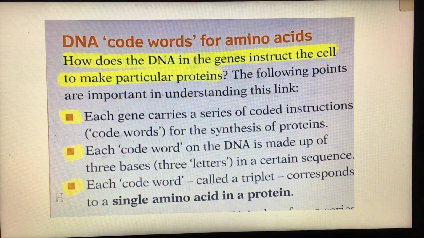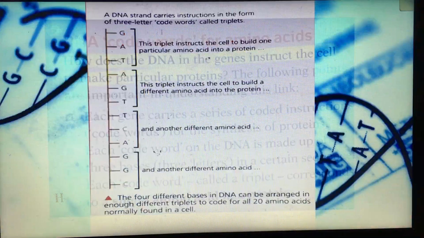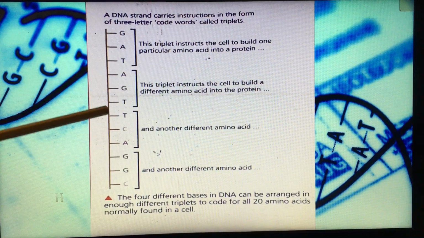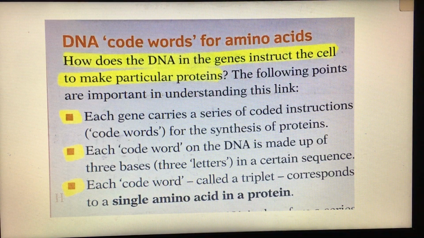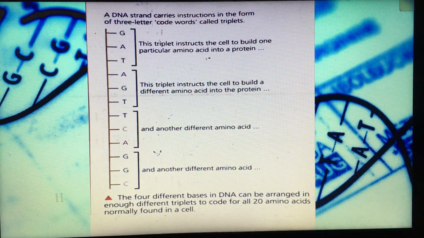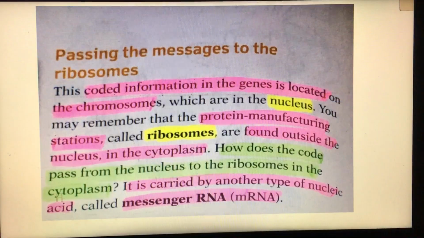Each code word on the DNA is made up of 3 bases. Look, here we have 3 bases in each amino acid, and each code word is called a triplet. This triplet corresponds to a single amino acid in a protein. So that's what we explained before.